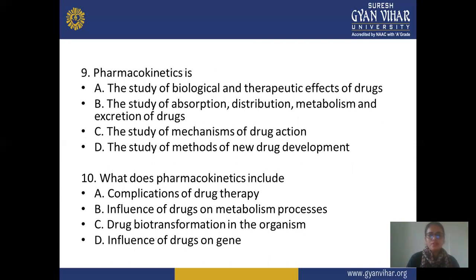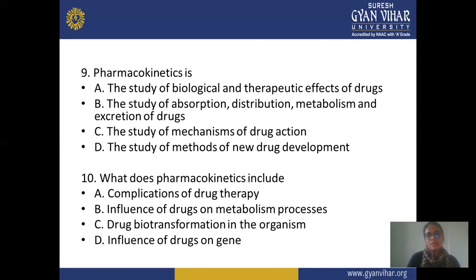And in the ninth one, what is the definition of pharmacokinetics? You know about pharmacodynamic and pharmacokinetic parameters, so if you know all these parameters, you can easily answer this ninth question and select the one correct option out of ABCD. A option, the study of biological and therapeutic effect of the drug.